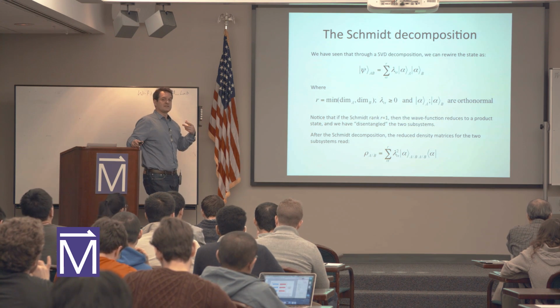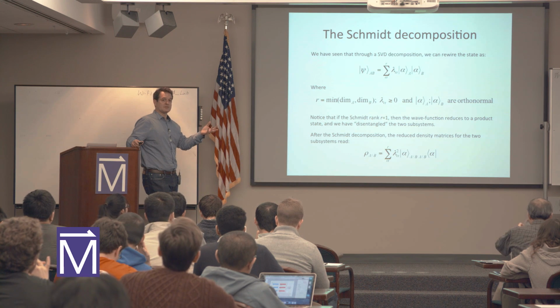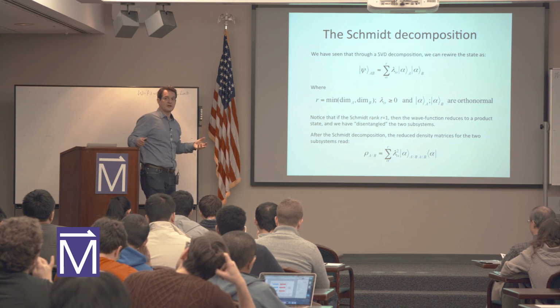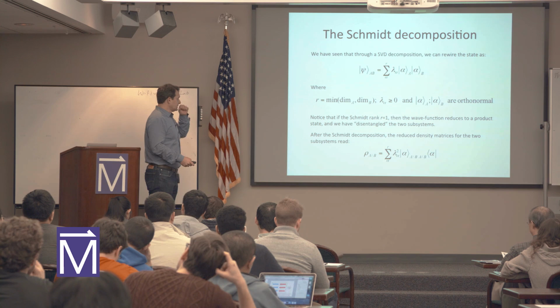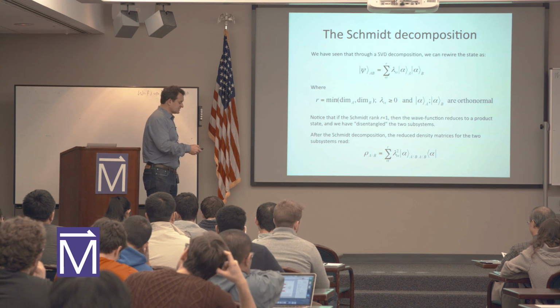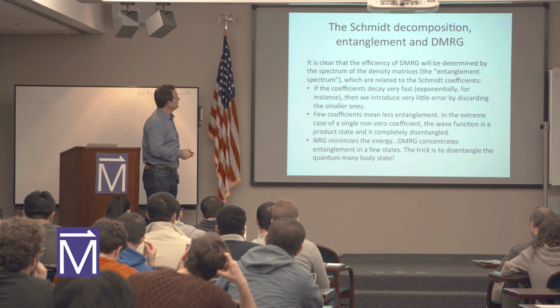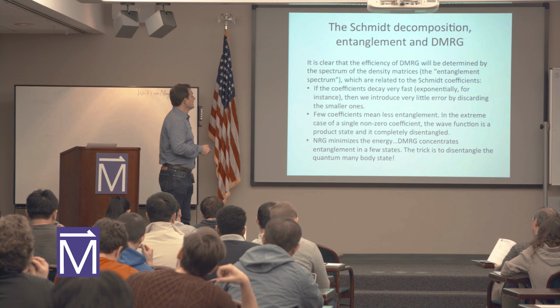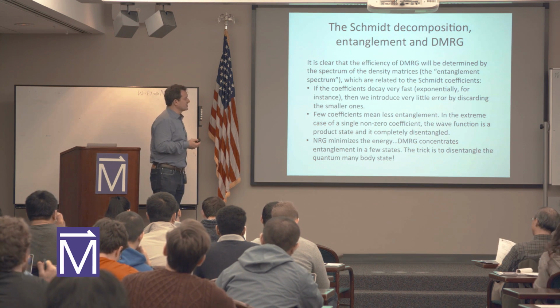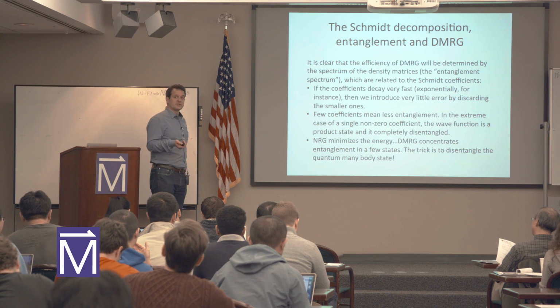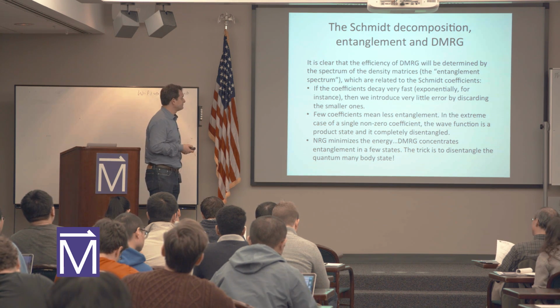And we know that the density matrix is the same for the left and the right blocks. It has the same eigenvectors, right? And the same eigenvalues. So the efficiency of the DMRG is determined by the spectrum of the density matrix, or by the Schmidt coefficients.